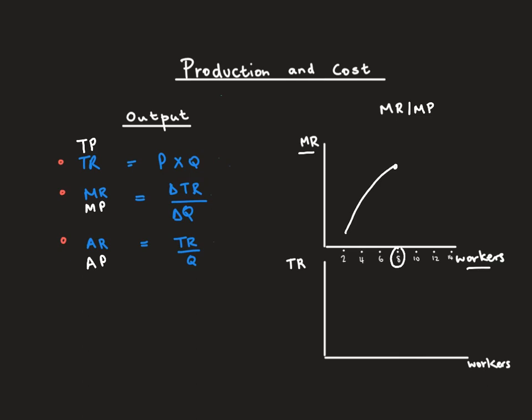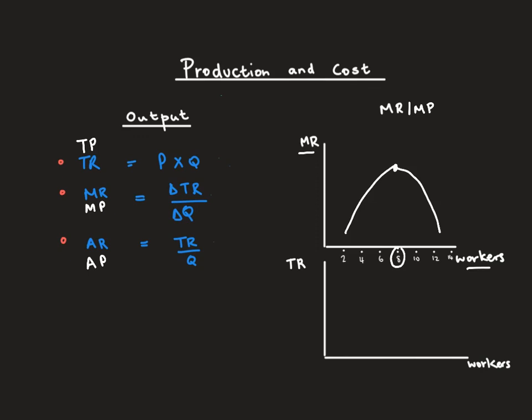So if we use this with marginal cost, we'll see that our marginal revenue starts to decline because we employ too many people. Again, there's a sweet spot to employing a certain number of people, and if we go beyond that point, we start seeing a decrease in marginal revenue, and then also in total revenue.